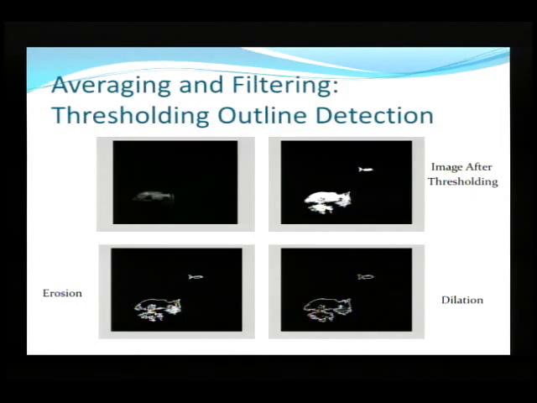So after we had the background and we did the subtraction, we got the image on the top left. Then we thresholded the image using a positive and negative index for the intensities, and we got the image on the top right.